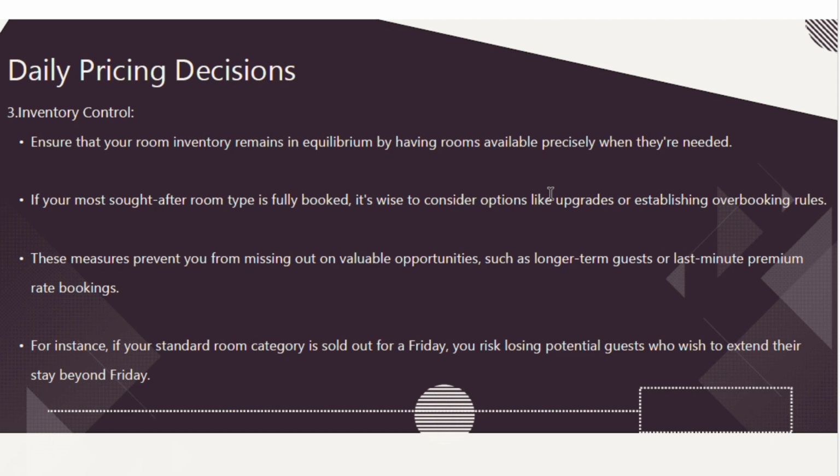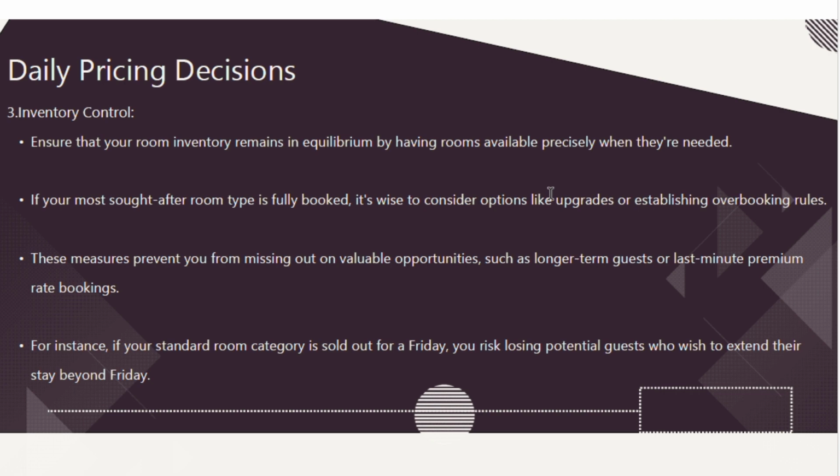Inventory control. Now, you have to make sure that the room inventory at your hotel or the business you run is in equilibrium, by having the rooms available precisely when they are needed. Sometimes, for example, you don't want to sell all of your standard rooms, the starting room category, to low paying guests or tour operators, travel agencies, corporate, for example.